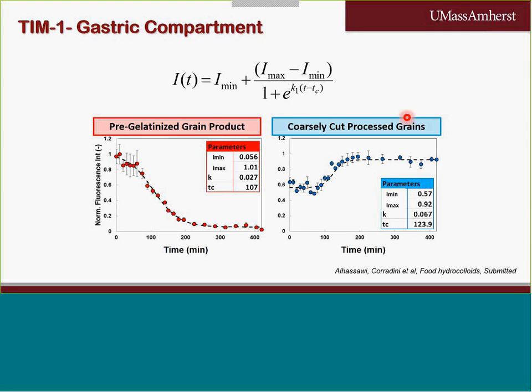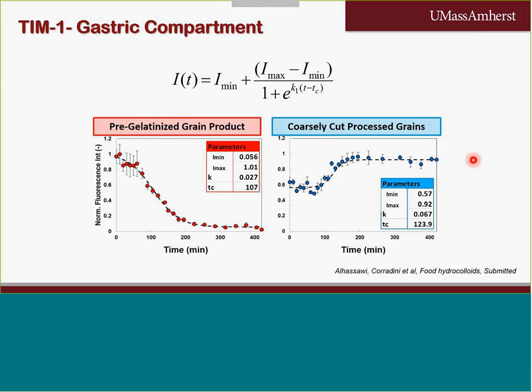In the case of the pre-gelatinized grain product, we observed that the viscosity of the solution that we fed to the system diminished as time went by, while in the case of the processed grain, we observed an increase in viscosity at almost 2 hours of digestion, which of course might have some implications in terms of the satiety of a particular sample, and made a case for consuming highly processed versus less processed grains.